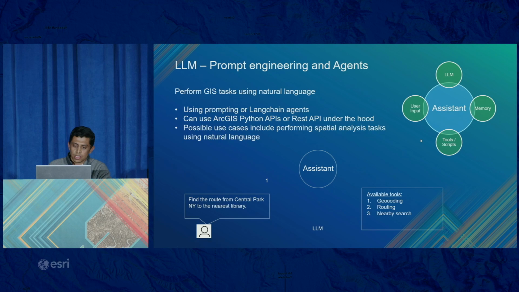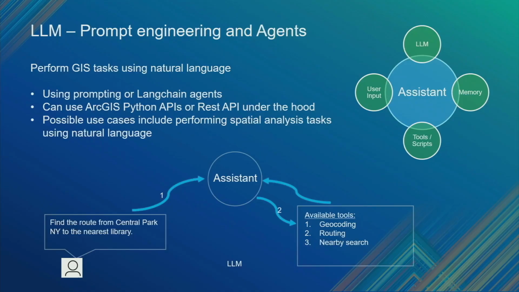Now, when you ask this question, the assistant will take your query, get the information on what tools are available for it to perform this task, and take all of this information to the large language model. Because of its reasoning abilities, the large language model will be able to orchestrate a plan on how exactly to perform the task.